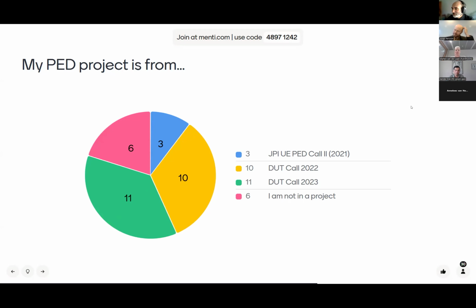I don't know if the 6 people not working in a project are from the organizing team, or probably another project which is not part of the DOT. Maybe, yeah. We had some Horizon projects for the first deep dive. But great distribution among the different generations.